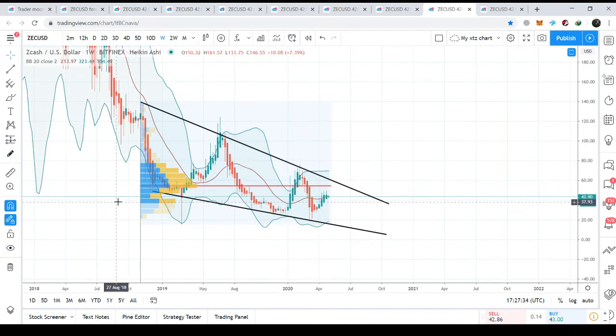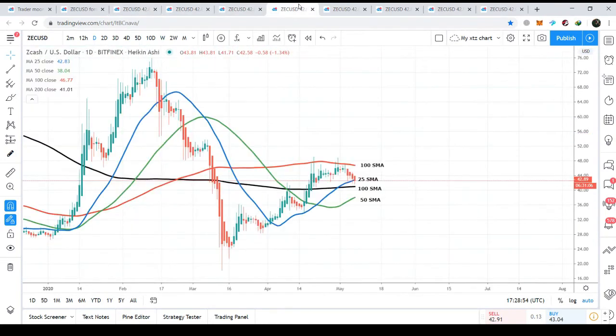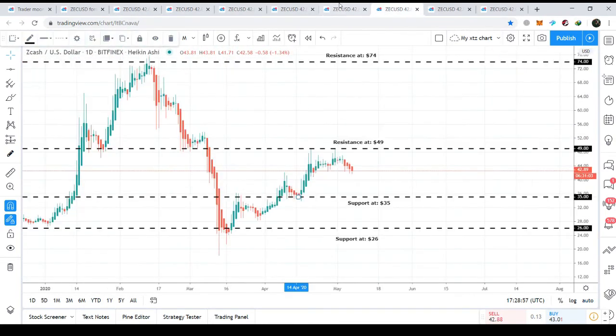Then we can expect that the price action can move down and retest the $35 level, where we already have a previous resistance level that is now working as a support.